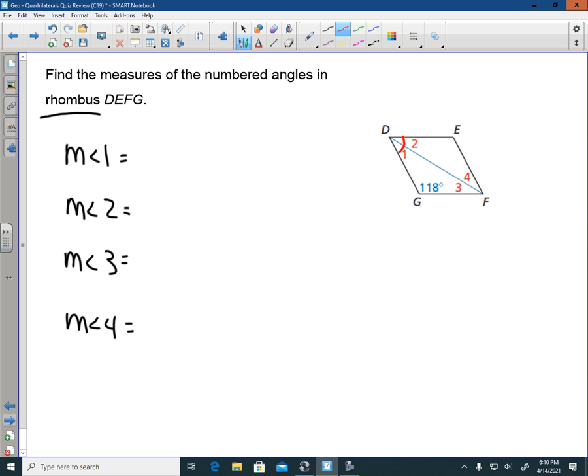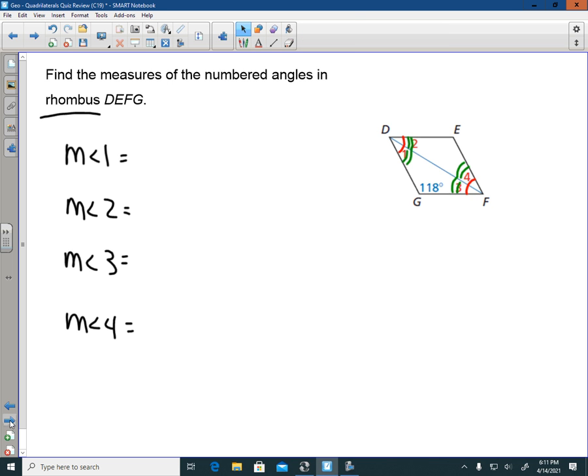And so this angle D is going to be congruent to this angle F. Furthermore, since we know it's a rhombus, we know that diagonal cuts those angles exactly in half. And so not only do we know that the opposite angles are congruent, but we also know that all of these angles will be the same. So as soon as we find one, we're going to find all of them.